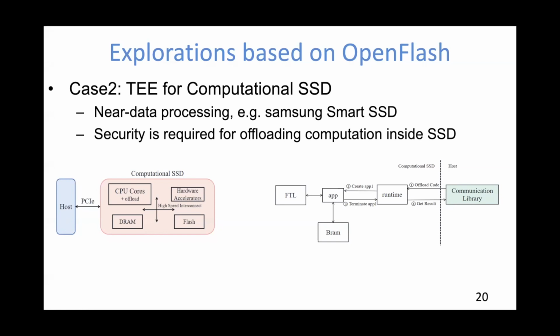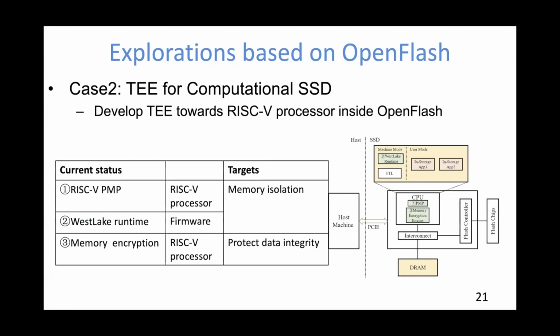So we need to guarantee the security of computational SSD. Actually, what we are doing is to build a trusted execution environment for the RISC-V processor inside OpenFlash. We implement physical memory protection in our developed RISC-V processor. This helps to protect FTL firmware from illegal memory access.